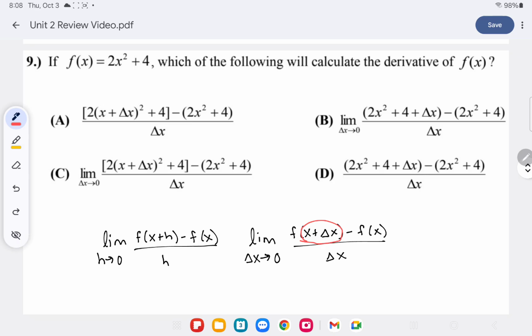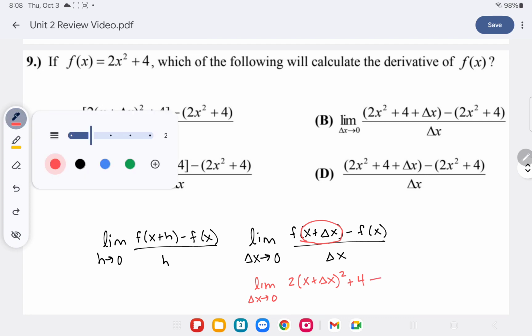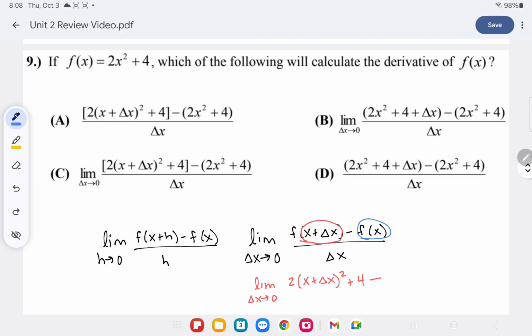So when I do that, in this case, f of x is 2x squared plus 4, so 2, and then instead of x, I'm going to write x plus the change in x squared plus 4 minus, now I'm going to do f of x. f of x is just that original function, 2x squared plus 4, all over the change in x. And then we're just looking for the one that matches, and in this case, that would be C.